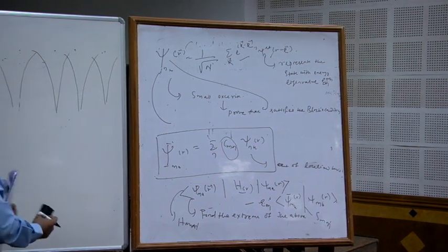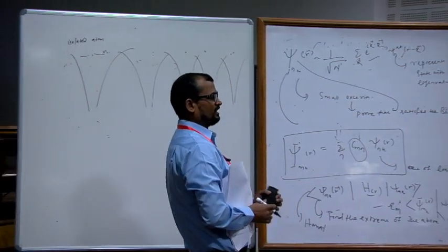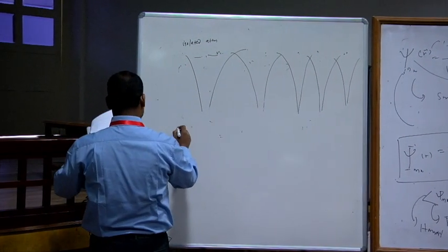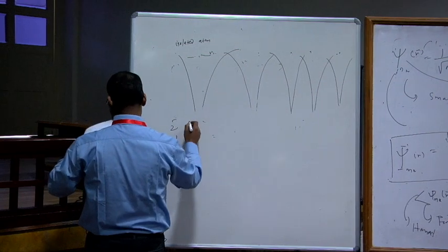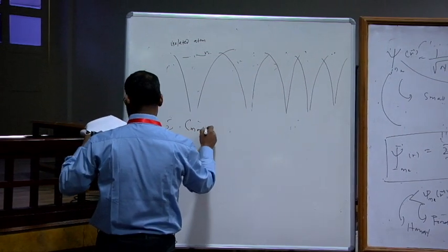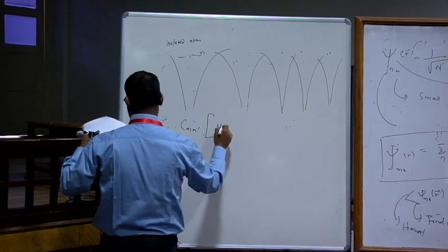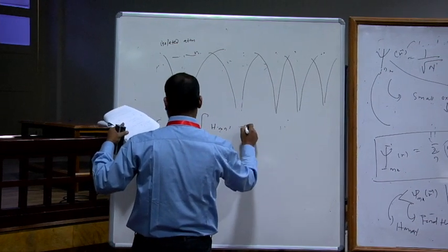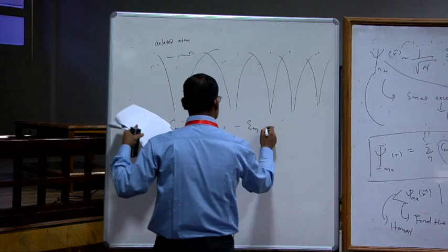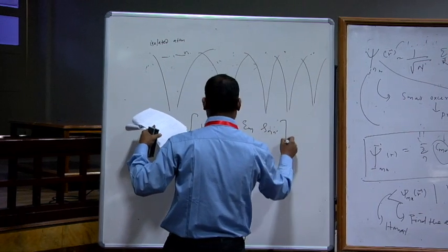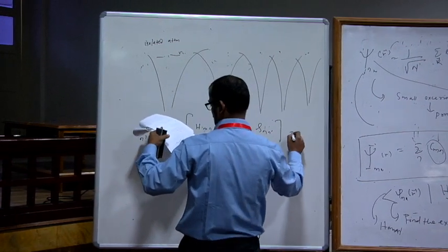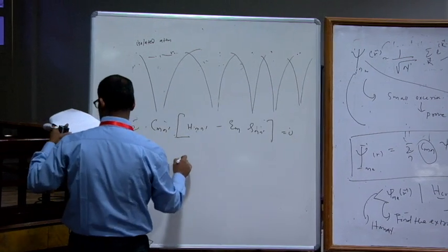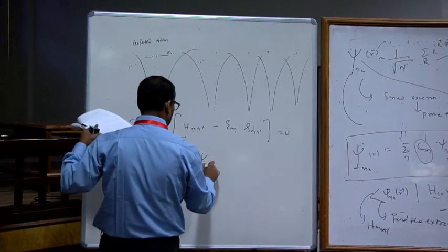Let's say that you are successful in doing this variation, then you end up with an expression of the following set: the sum over n' of C_mn' (H_nn' minus E_n S_nn') is equal to 0, where H_nn' is in terms of this psi_nk.